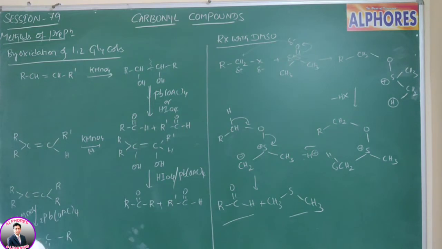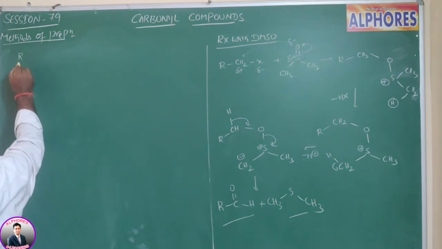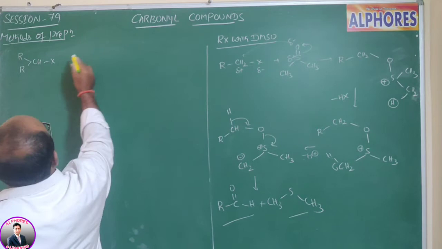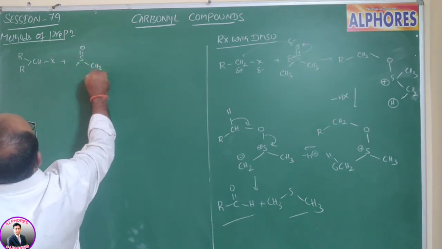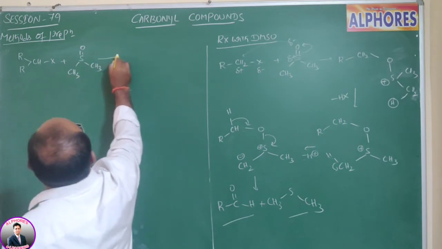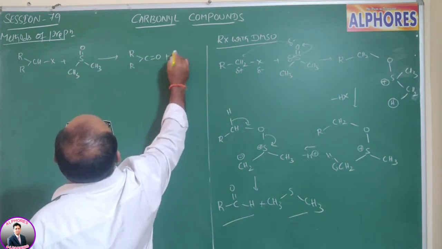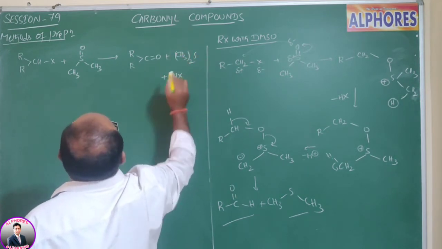If we are using secondary alkyl halides, RR-CHX, this one upon reaction with dimethyl sulfoxide S double bond O CH3 CH3, in this case, we are getting RR-C double bond O plus dimethyl sulfide plus HX.